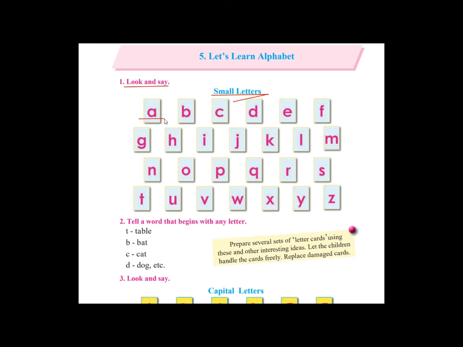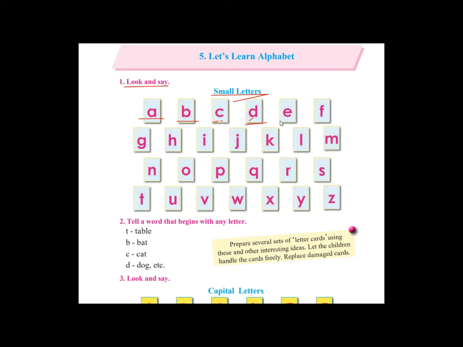A. A for apple. B. B for ball. This is C. C for cat. What is this? D. D for dog.